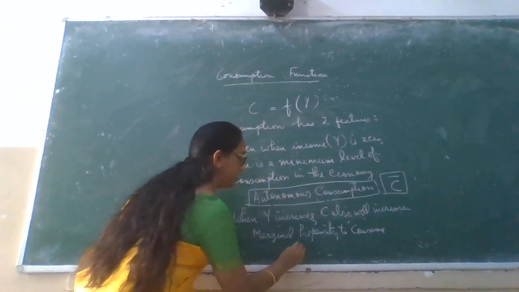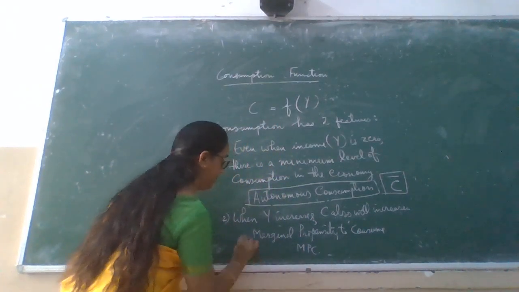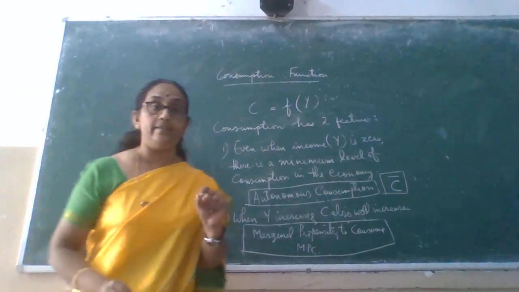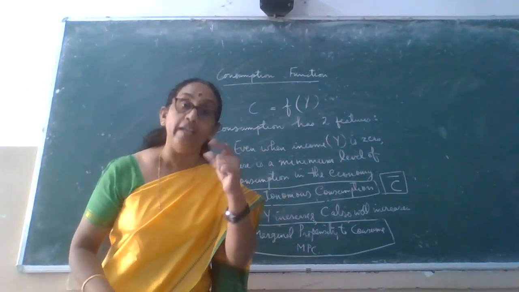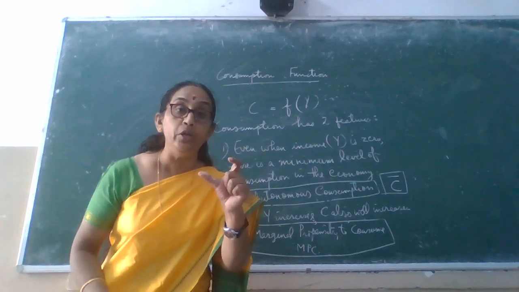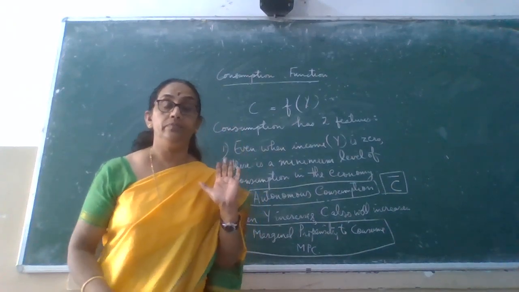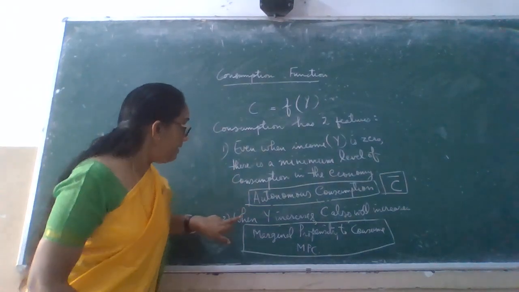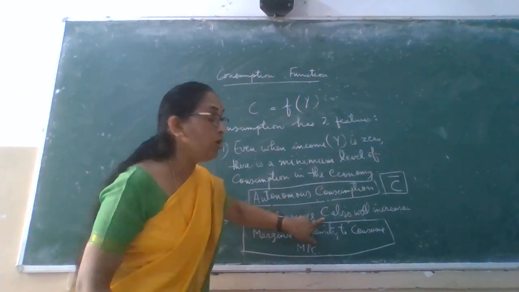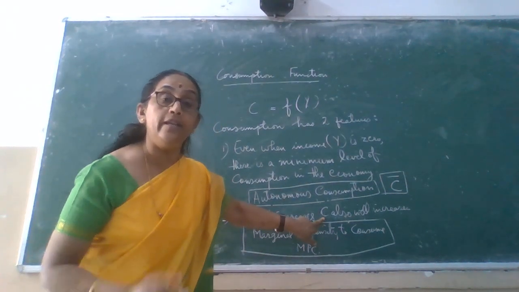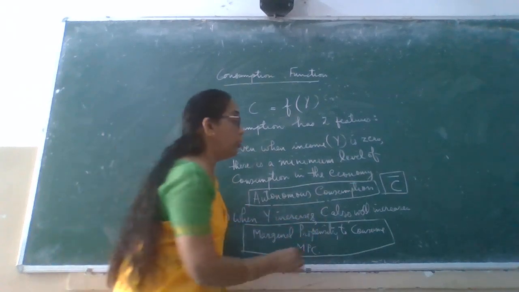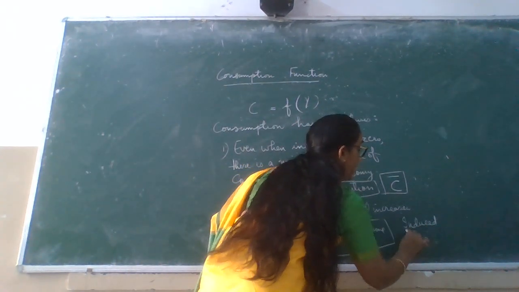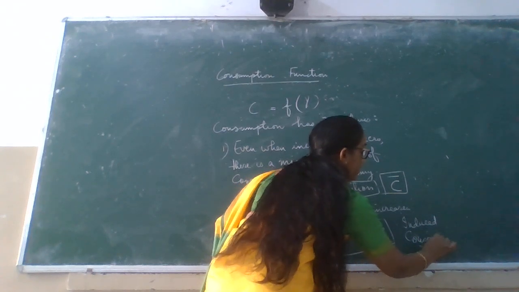This is a factor which decides how much of increased income is spent on consumption. So when income increases, consumption also will increase. This is denoted by another term called induced consumption.